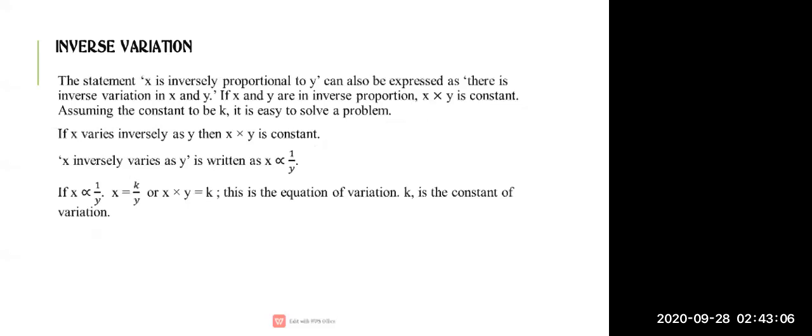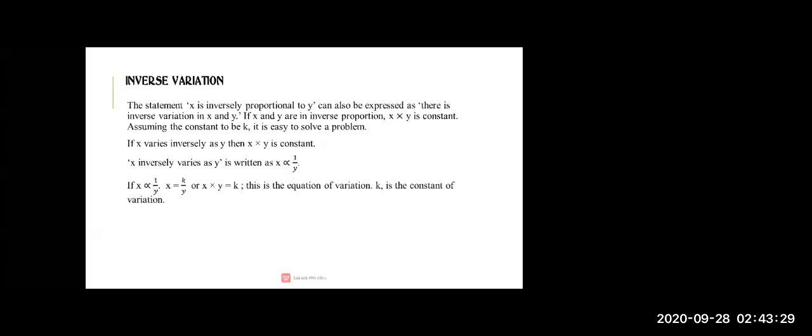As we learned the direct variation formula, here the inverse variation formula is also there. Just see the statement: x is inversely proportional to y. Now you can express this as inverse variation in x and y. I have explained how to write the variation.